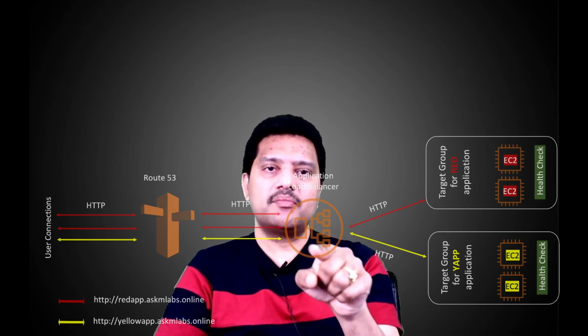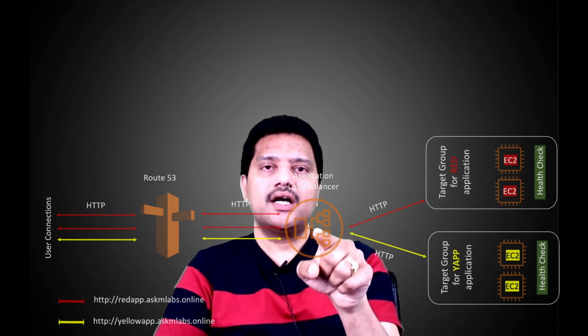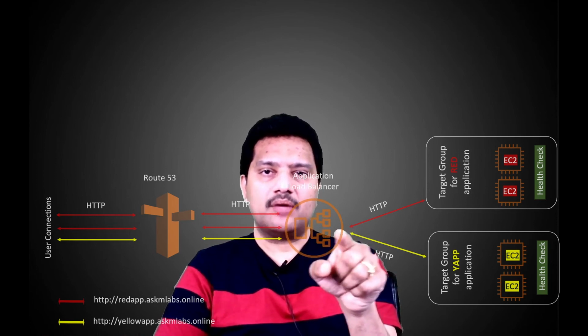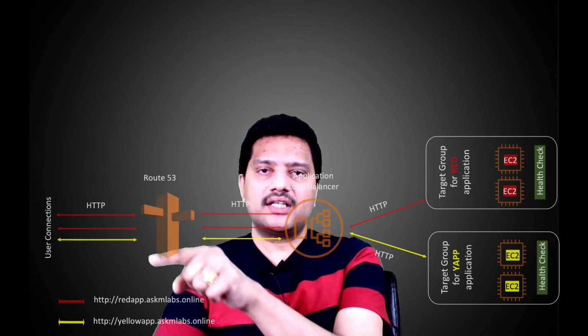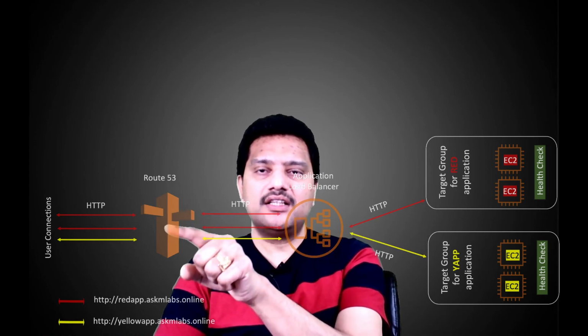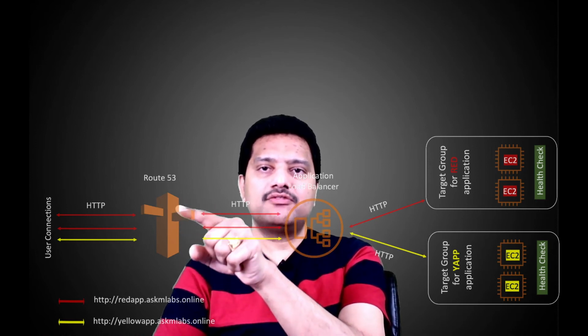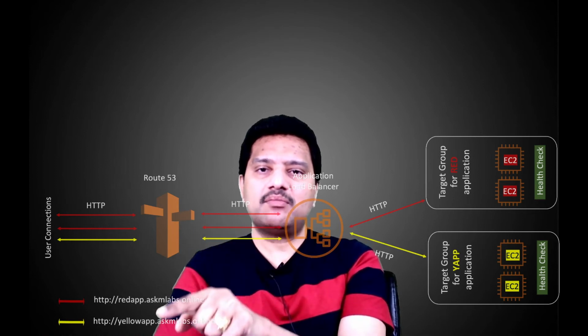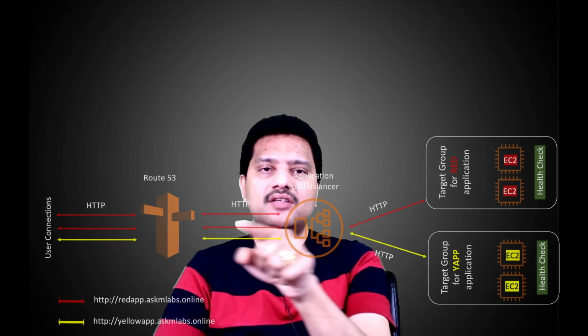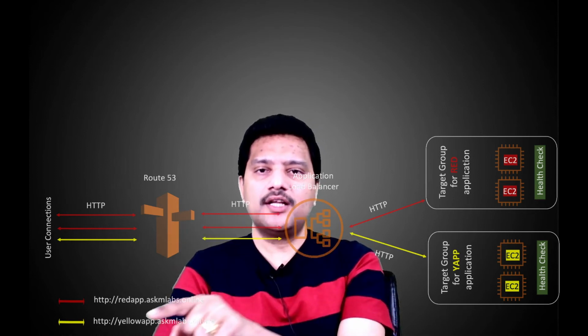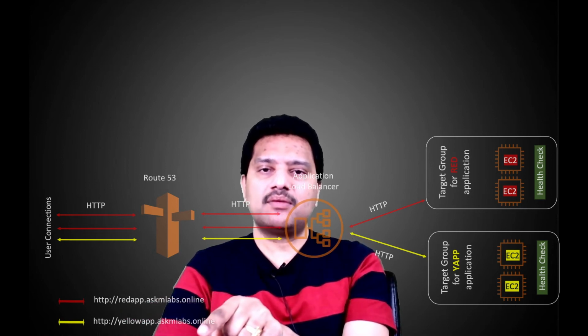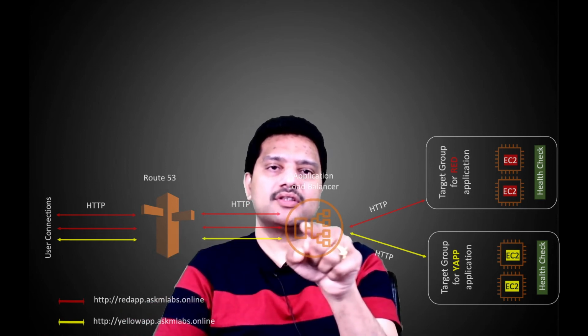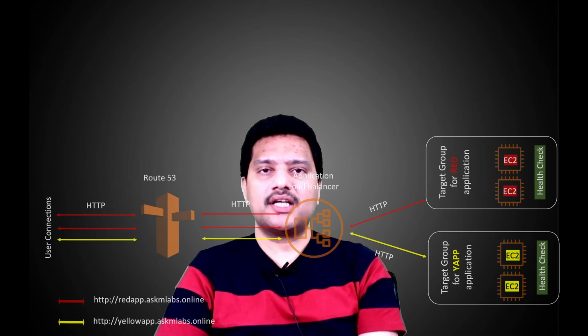Here we did not mention anything about the yellow app. Whatever record is specified here is just telling Route 53, if you access redapp.asclabs.online, forward that request to the load balancer. Similarly, if you access yellowapp.asclabs.online, forward that request to the application load balancer.